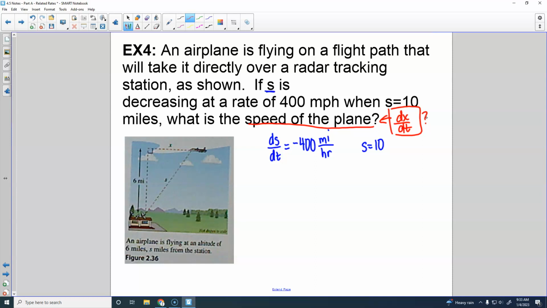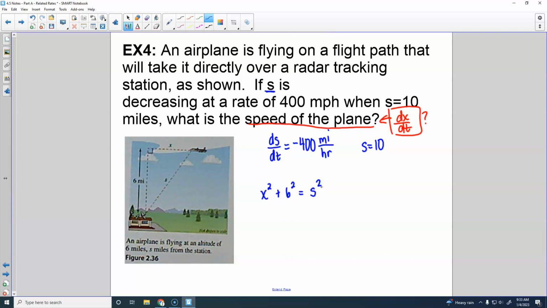So we need a formula to start with that relates x, 6, and s. What formula could we use? Yep, Pythagorean theorem, right? So we know x squared plus 6 squared equals s squared.